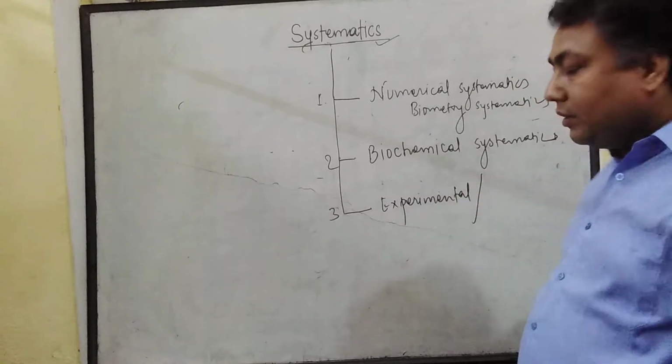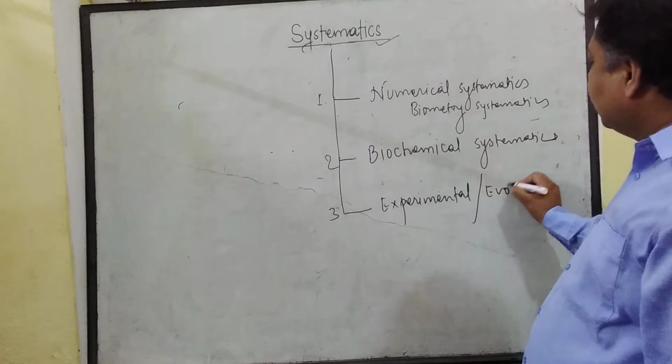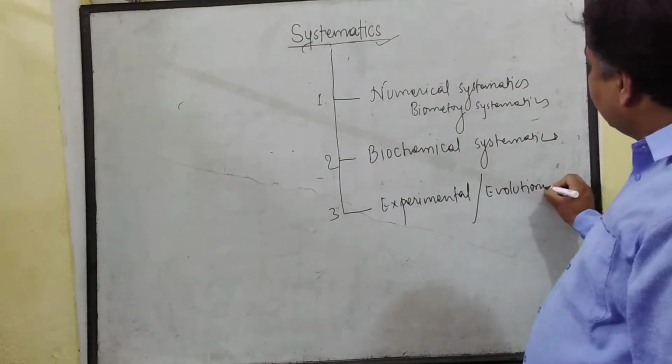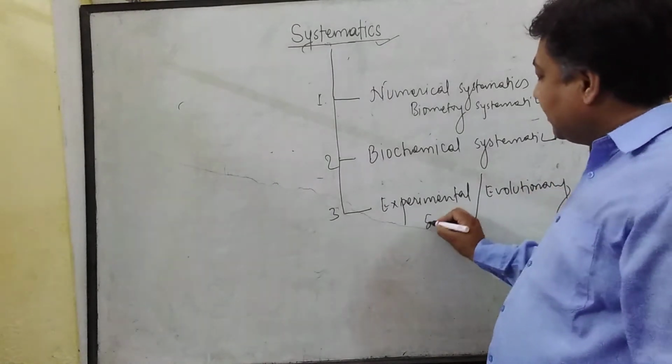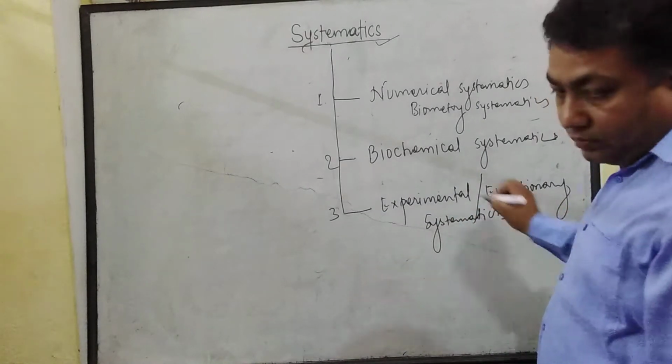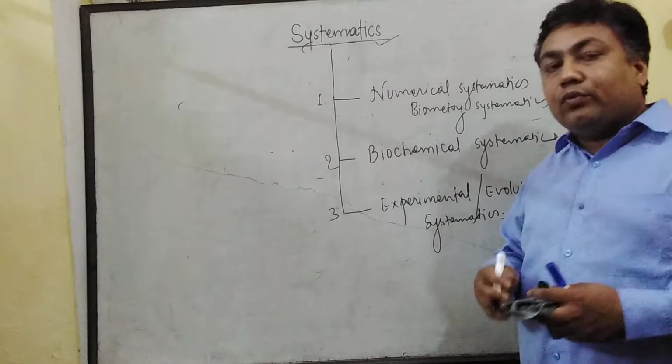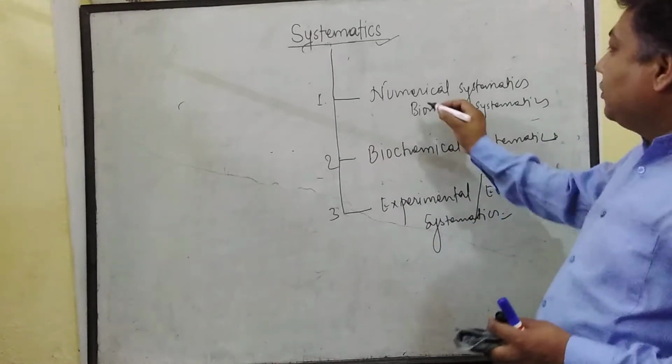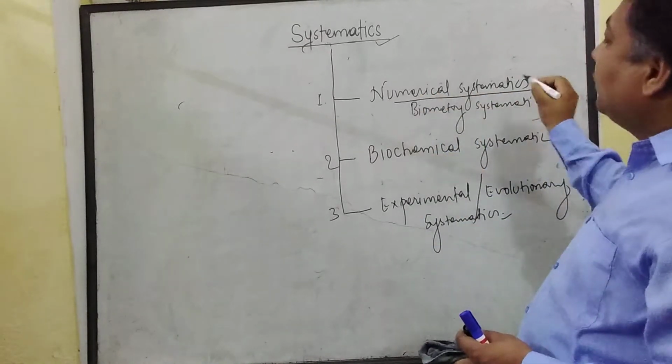This is also known as evolutionary systematics. So we will see it one by one. First of all, numerical systematics.